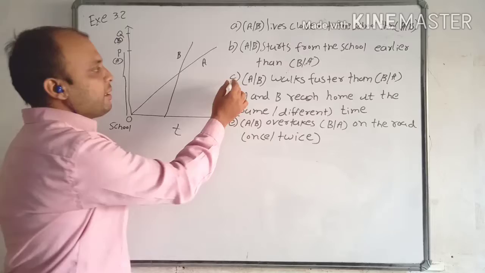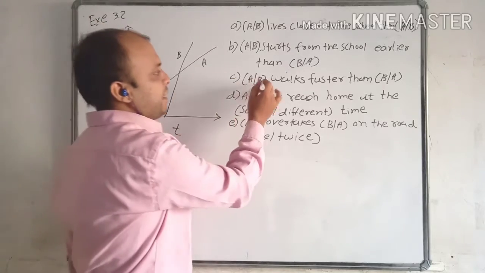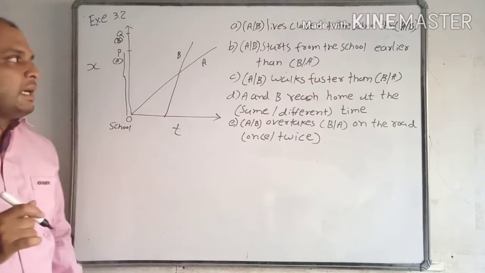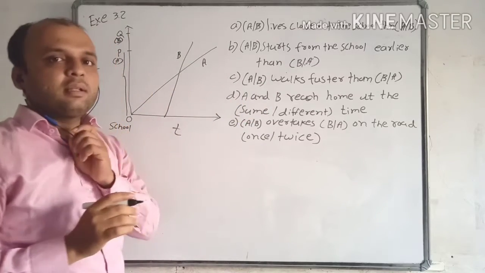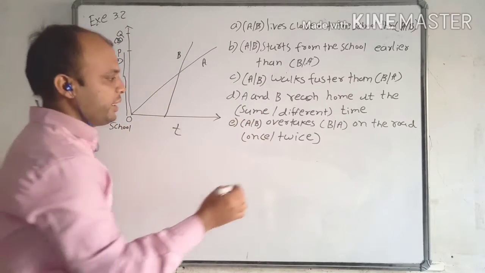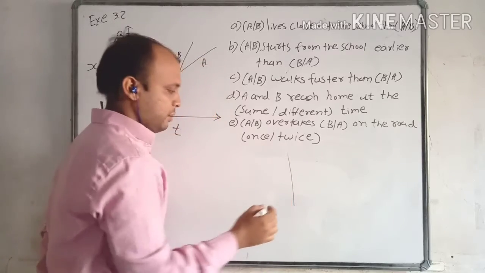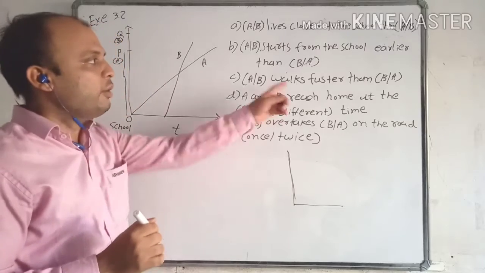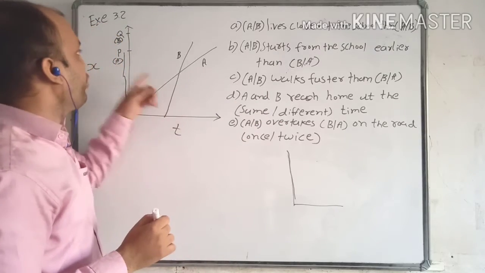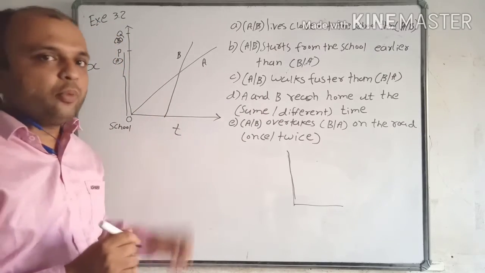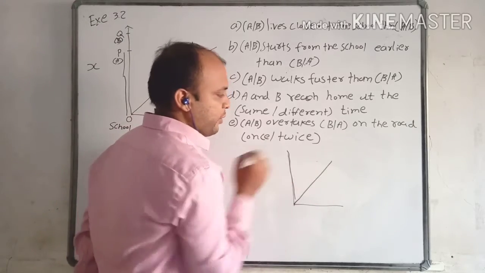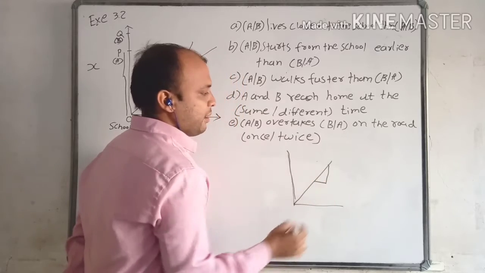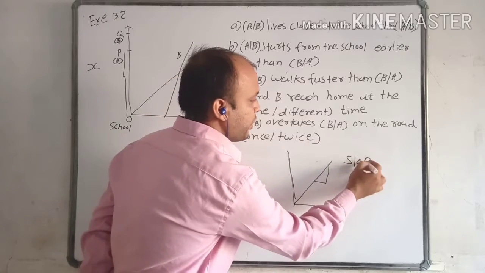In the third condition, does A or B walk faster? This condition is about velocity. For velocity, according to an x against t graph, how can we find it? We can find the velocity by taking the slope.